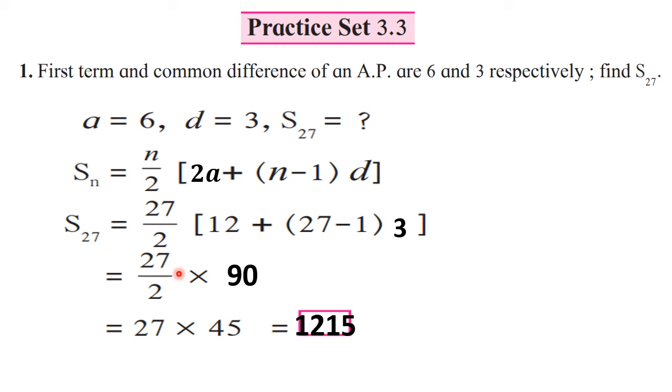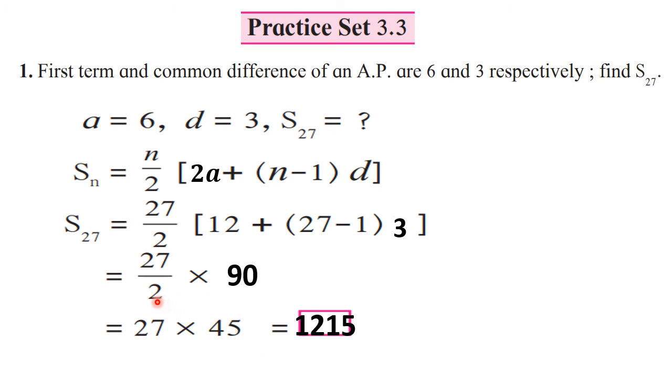Or those who are very smart, see here, you can see 45 is written here. So how is 45 written? Because this 2 is cancelled, you can simply double 45. 45 twos are 90. You can write down the answer by observing this 45. That means the things are there in front of you, only you have to do a little bit of application.